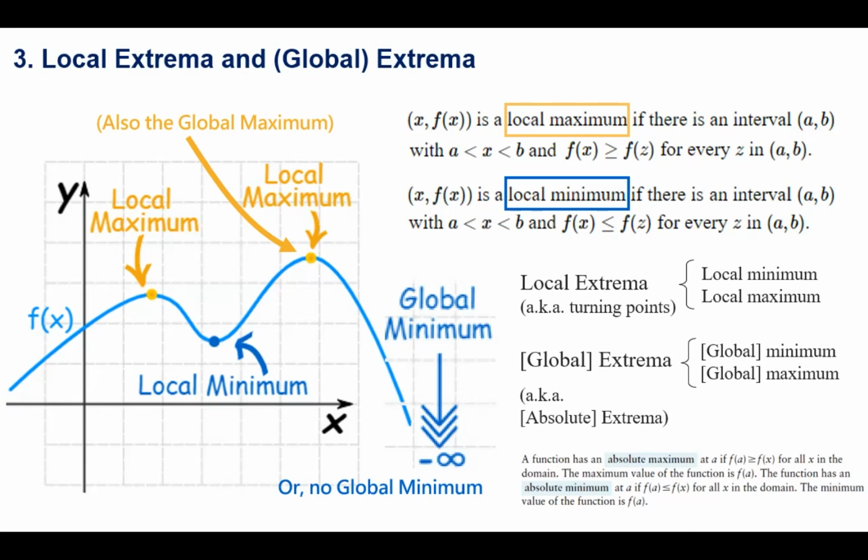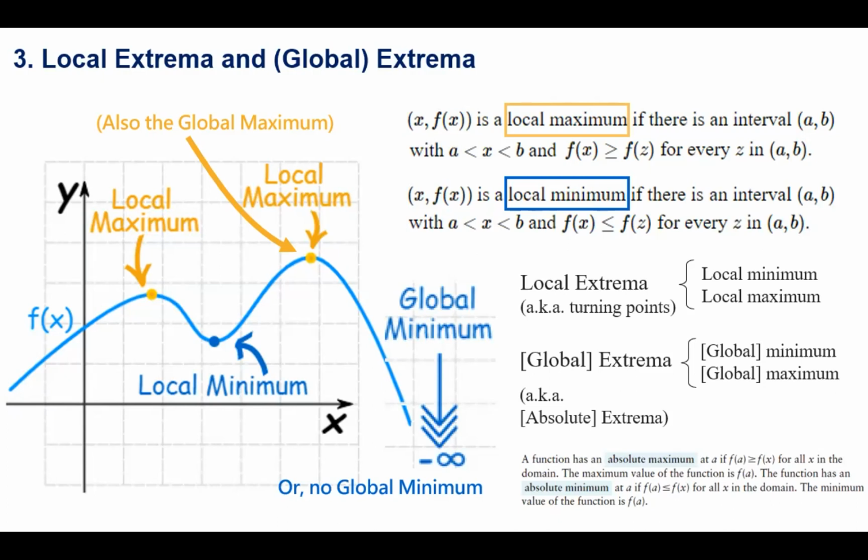In this case, the point f(x) is called a local maximum. On the contrary, the point f(x) is called a local minimum if there is an interval (a, b) with x between a and b and f(x) is smaller than or equal to f(z) for every z in this open interval (a, b).